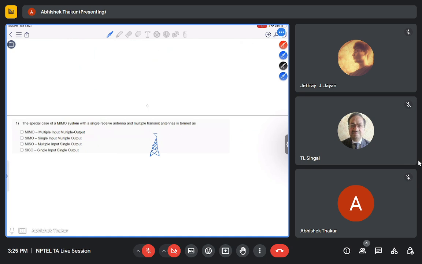So let's suppose there is a single receive antenna and multiple transmit antennas. So this is multiple input and single output.